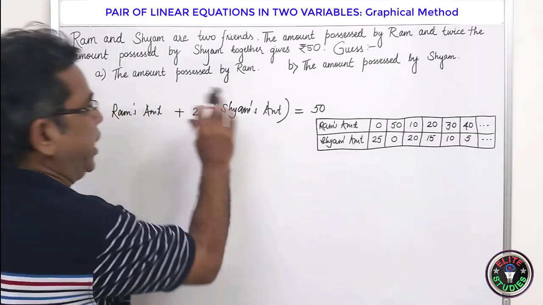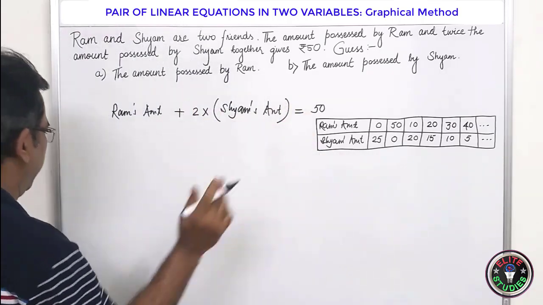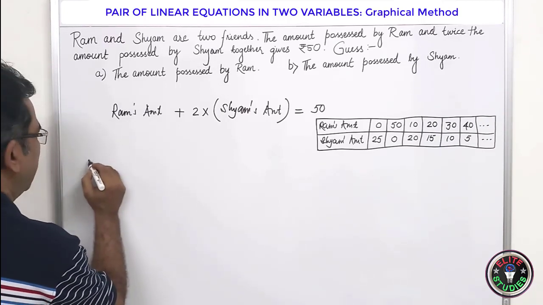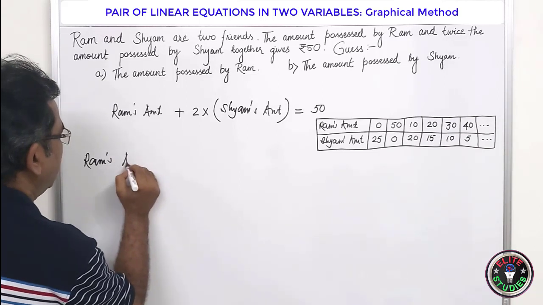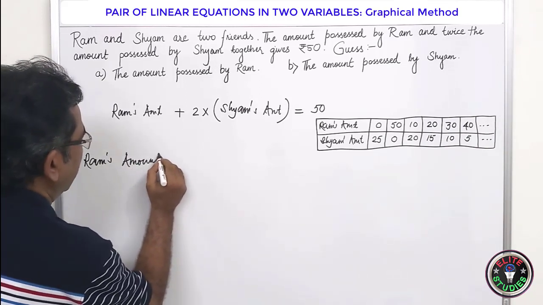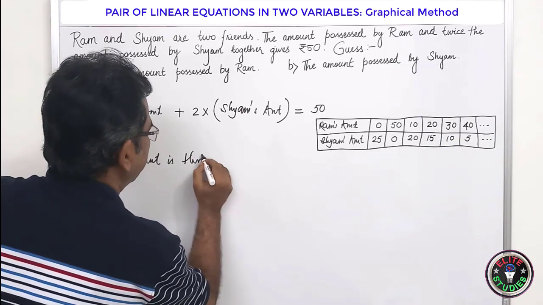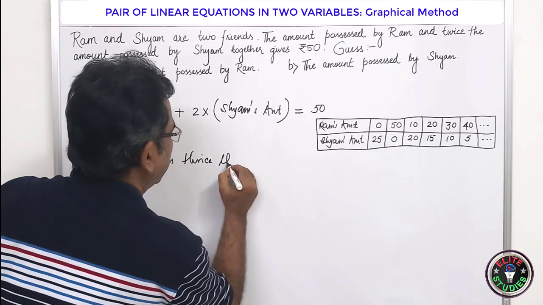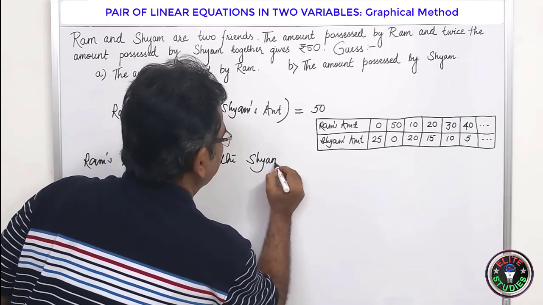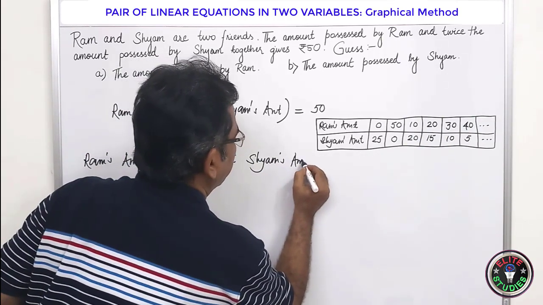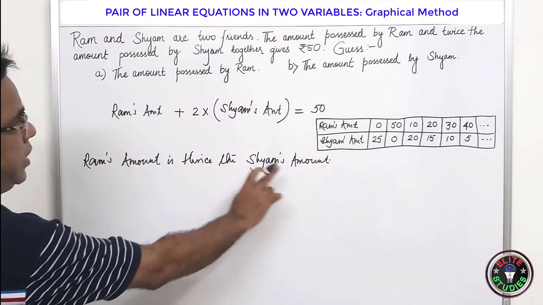So to get that, we need one more condition. Let that another condition be: Ram's amount is thrice Shyam's amount. This is another condition.